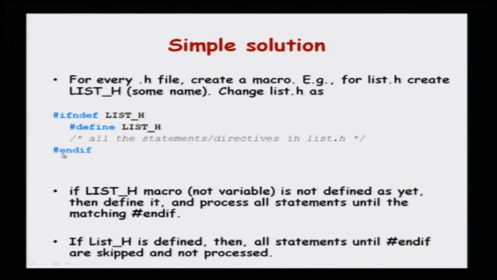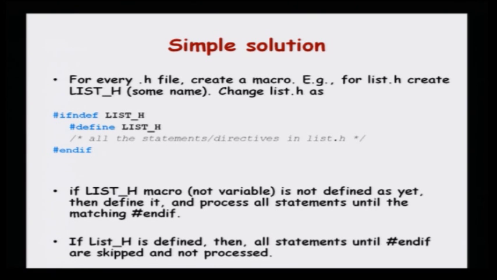Now, what happens is that suppose list.h is included for the first time in p1.h, then LIST_H is not defined. So, it will define LIST_H and then include list.h in p1.h. Now, p2.h includes p1.h and list.h, right.